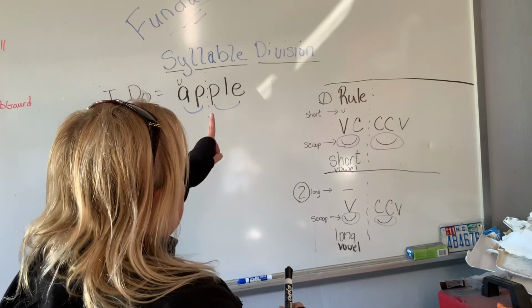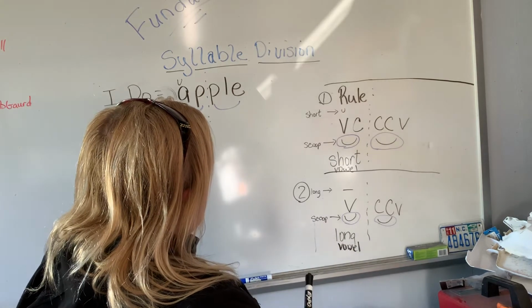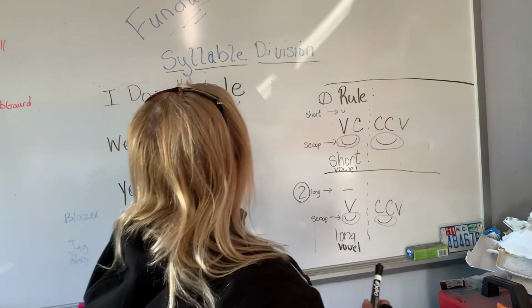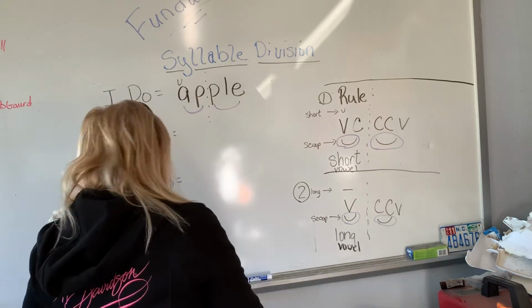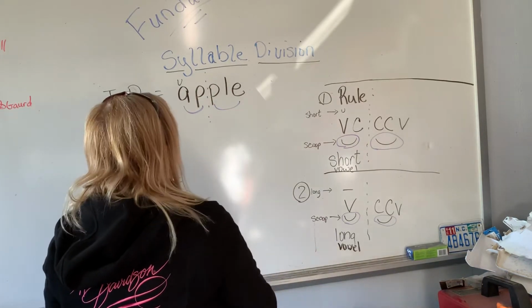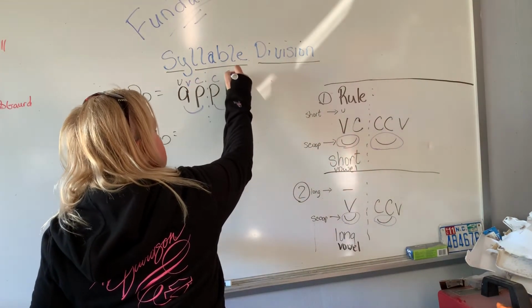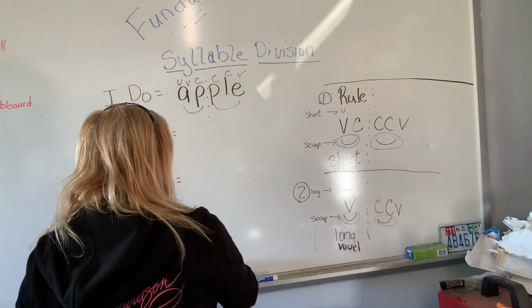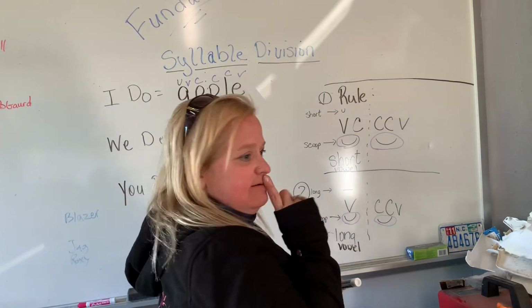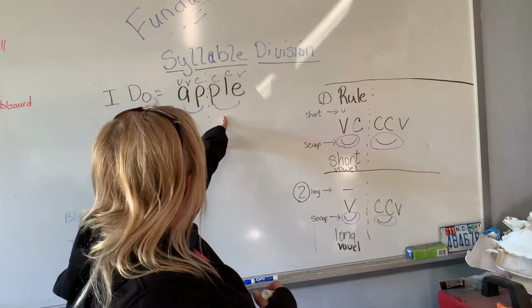I've scooped out my word, and I have all of my scoops in place. And I can actually label this. I'll use the blue. I have a vowel, consonant, vowel. That E is silent. It doesn't make a sound. Okay? So this word is done.